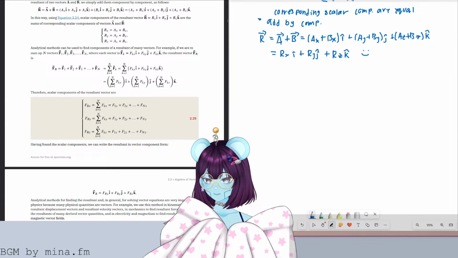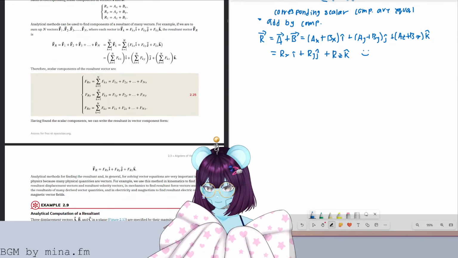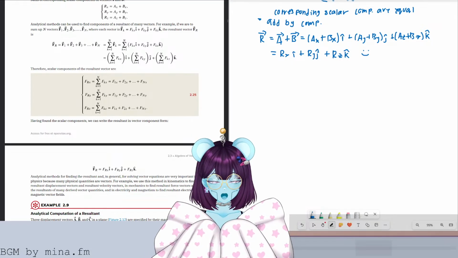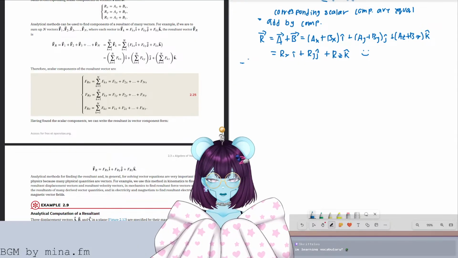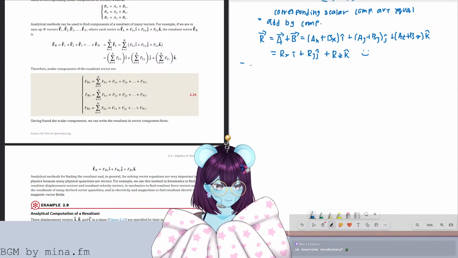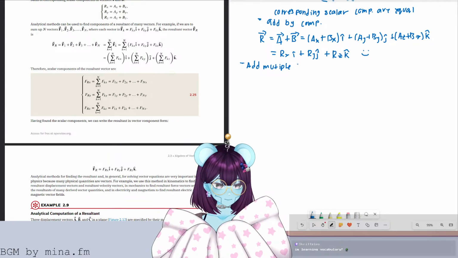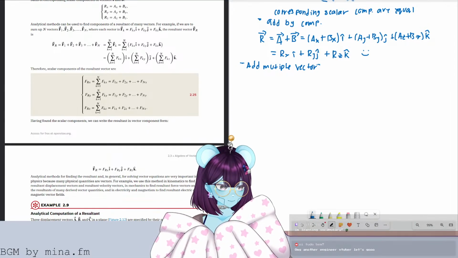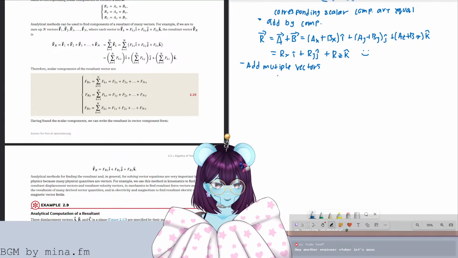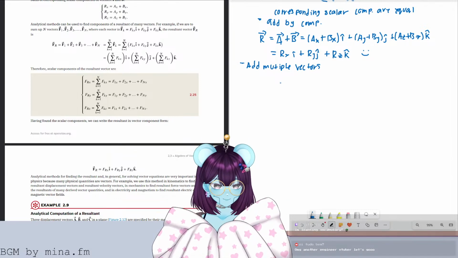Therefore, the scalar components of the resultant vector are this. So if you want to add multiple vectors, more than a few, you can represent it mathematically with the summation symbol.